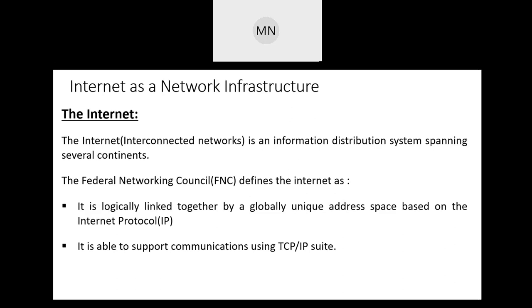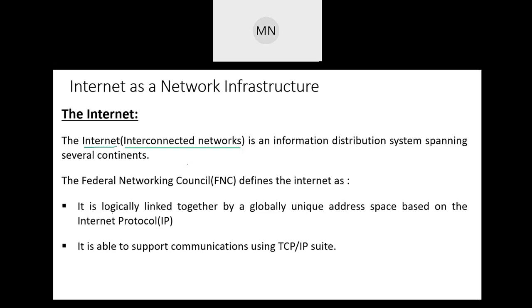So the internet is an information distribution system spanning several continents, and it can be simply defined as interconnected networks, where different networks are connected together, and those different networks together are called the internet.